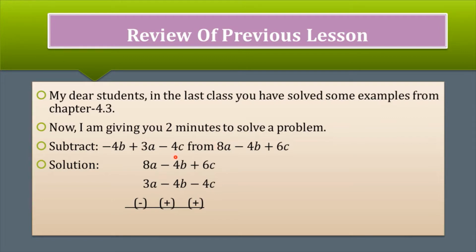And after that, plus 8a minus 3a, that would be plus and minus, that would be minus. So we will get 5a, and minus 4b plus 4b, we will get 0, plus 6c plus 4c, that would be plus and plus, that would be plus 10c. So that is the answer, my dear.